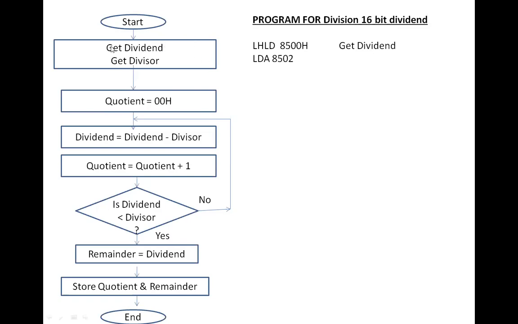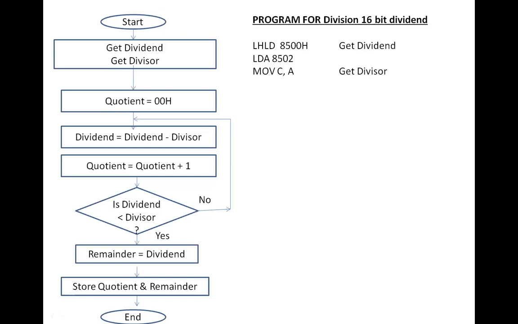With respect to this flow chart, the first unit, LHLD 8500, is going to load the HL pair with the 16-bit dividend. With the help of LDA 8502, we store an 8-bit number into the accumulator, which is actually the divisor. Then, for safety, once we store the divisor value into the accumulator, we store it into a register.